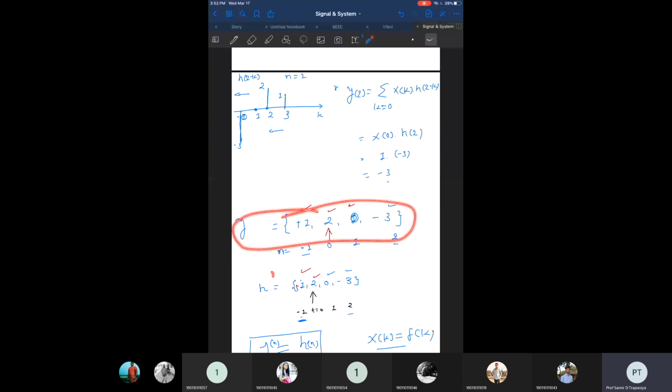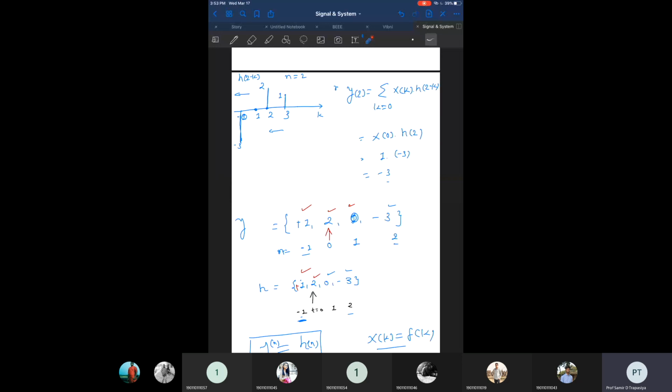You can compare point to point, all these points are equal. So this can be proved here: the output response is equivalent to the system response, provided the input signal is a unit impulse signal. This is property number one.